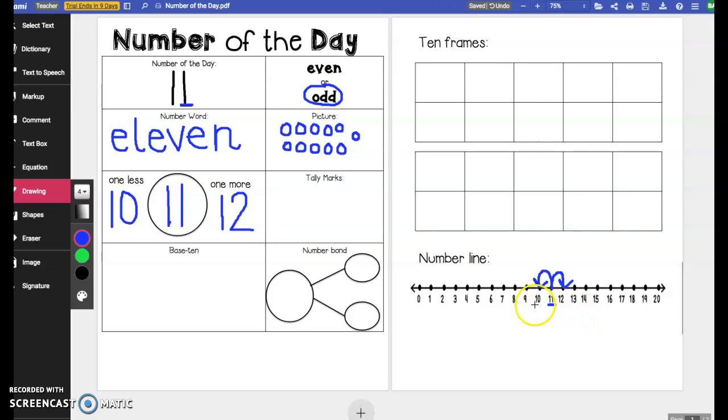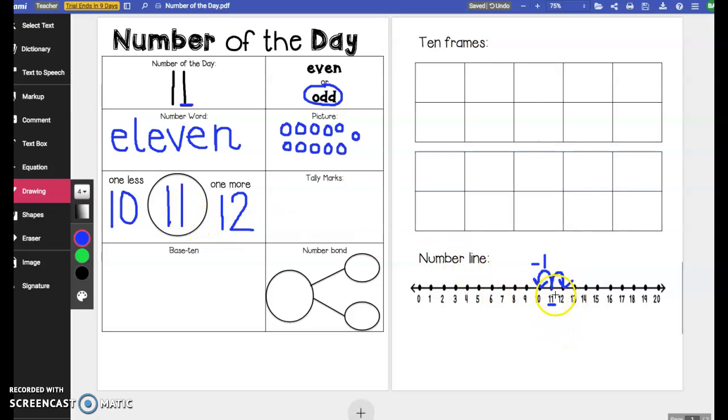Now, the same would go if we said before and after. If I had 11 markers and I let my friend borrow 1 marker, then how many markers do I have left? That means I was giving away 1. I was subtracting 1. I have 1 less. So I would have 10, right?